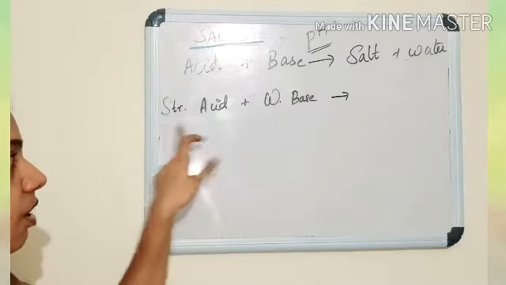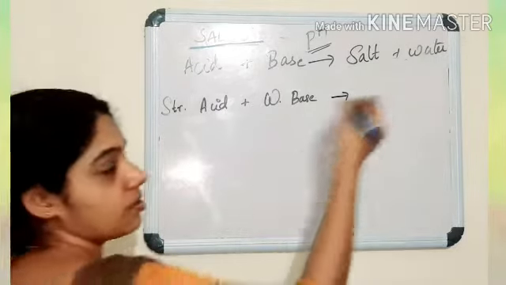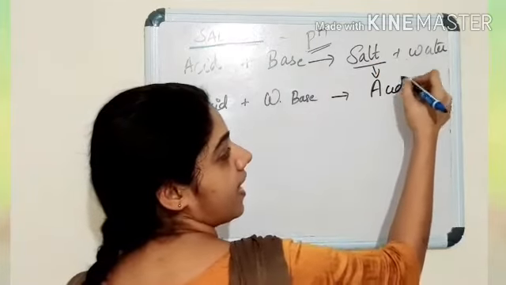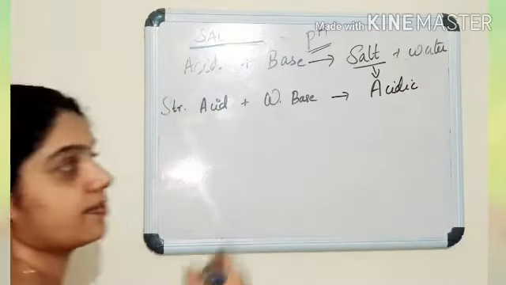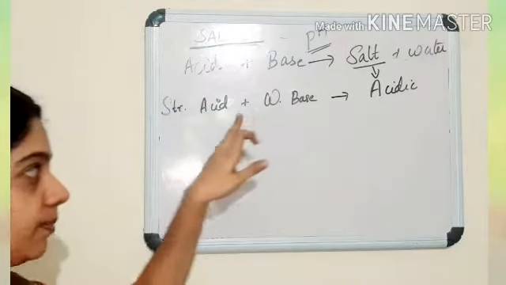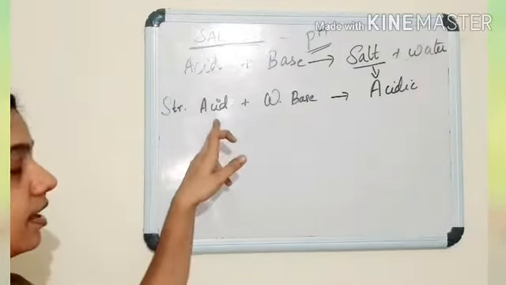Here it is the stronger acid, right? So the salt produced over here will be of acidic character, because it is prepared from a weak base and a strong acid.